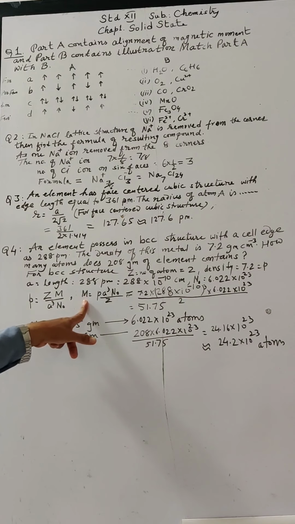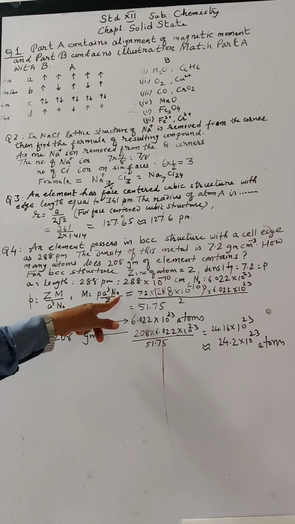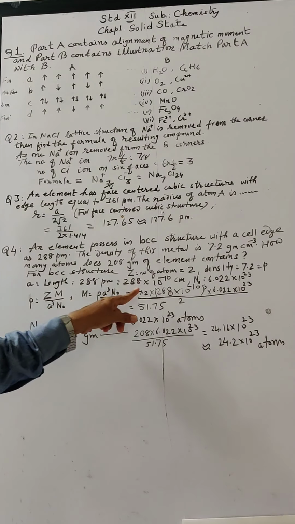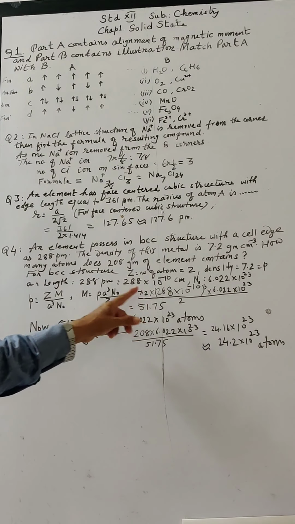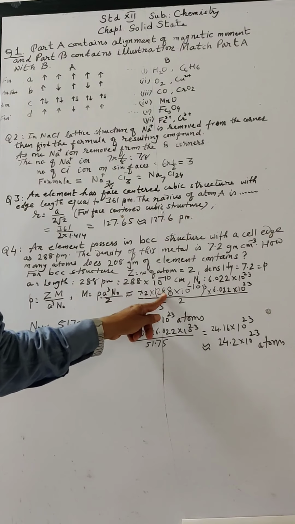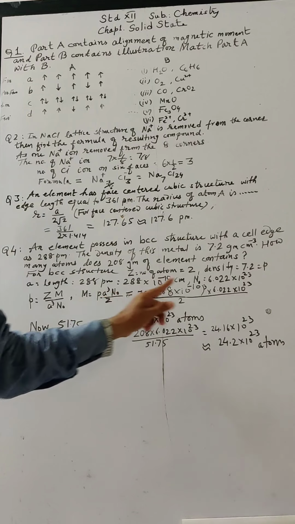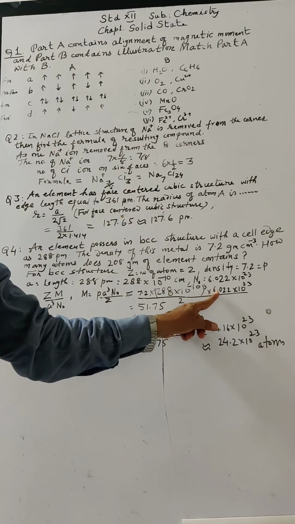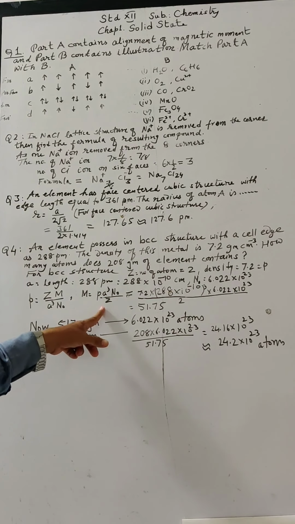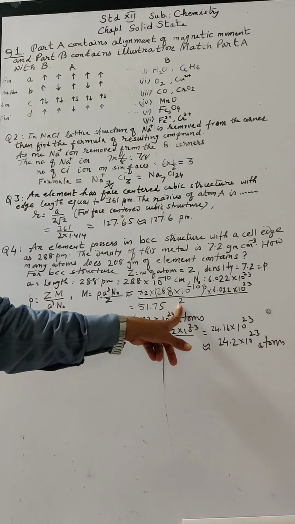We have to find mass M equals rho a cube N0 divided by Z. Putting value of rho 7.2 density, and edge length a cube means 288 into 10 raised to minus 10 cube, and N0 means Avogadro number 6.022 into 10 raised to 23, divided by Z, means number of atoms, which is given 2.